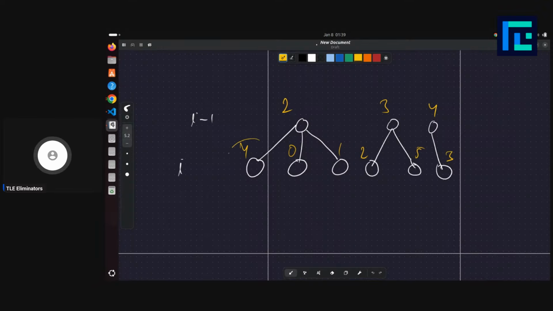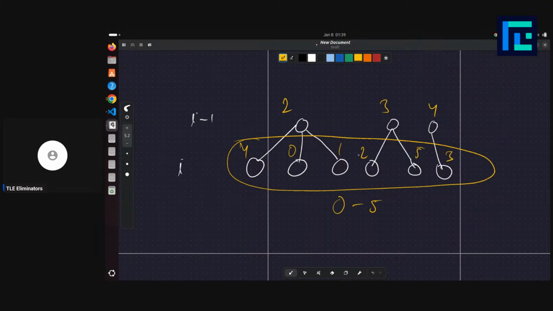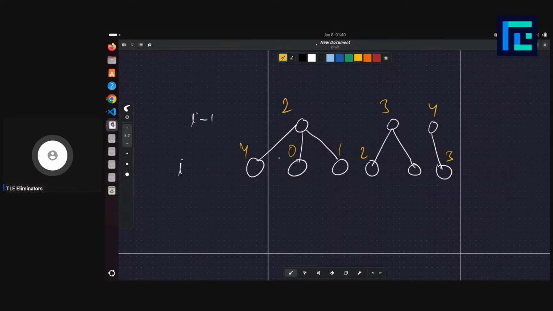This is how I can get the coloring of this layer, and between 0 and 5, I have used the numbers, right? My algorithm is that if I have these 6 nodes, in my code, if you will see, I am iterating over all of these nodes from left to right.